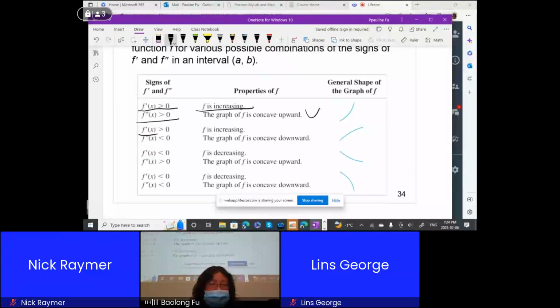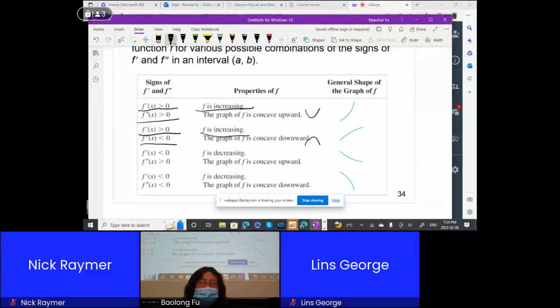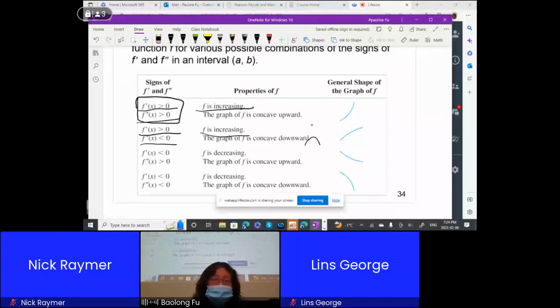If the first derivative is positive, f is increasing, and if the second derivative is smaller than 0, it is concave down. But if you do the combination here, when the first derivative is positive and the second derivative is positive, the graph looks like this.